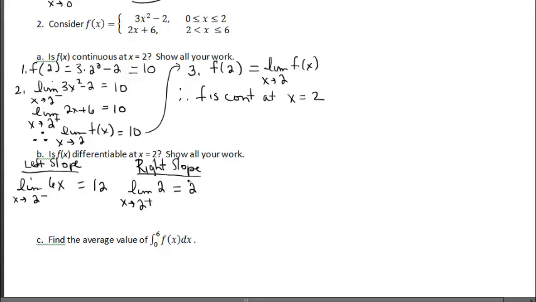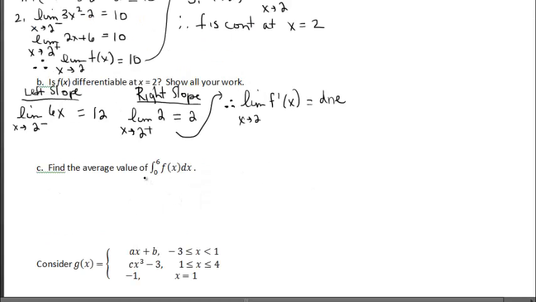These two values are not the same. So I'm going to say, therefore, the limit as x approaches 2 of the derivative f prime of x does not exist, because each of these expressions right here were the derivatives. Okay, so the limit of the derivatives as x approaches 2 does not exist.